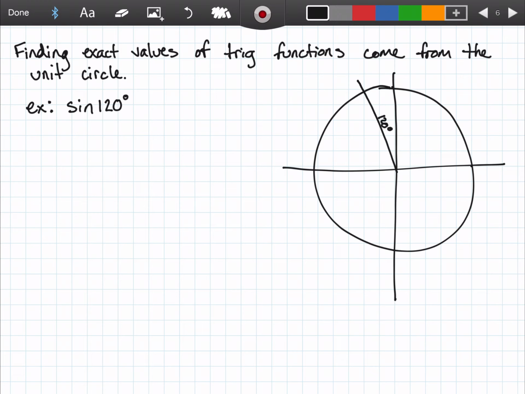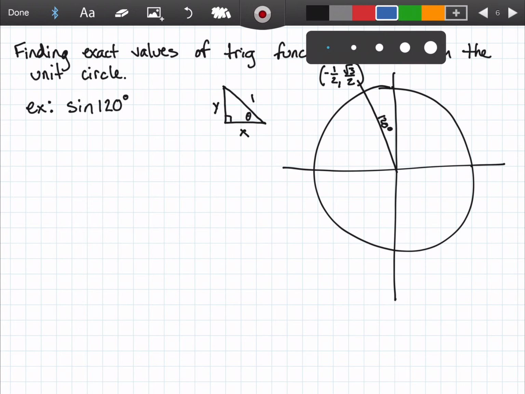There's 120 degrees, and I know the coordinates at that point are negative 1/2, positive root 3 over 2. Well, remember, with the hypotenuse being 1, and this is x and this is y, and there's our reference angle, let's label these opposite, adjacent, hypotenuse.